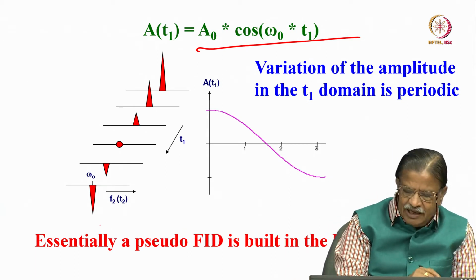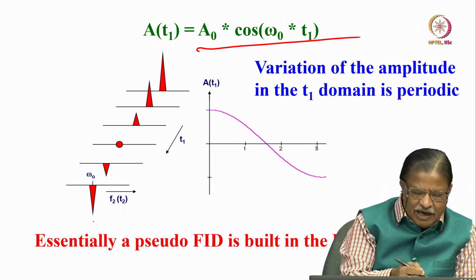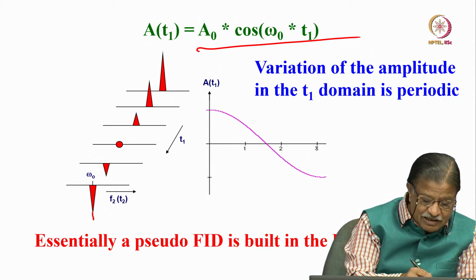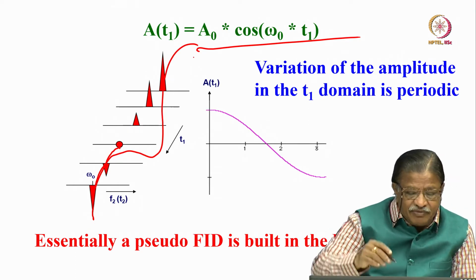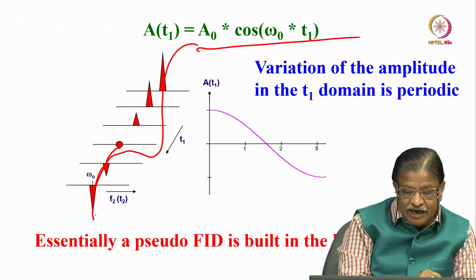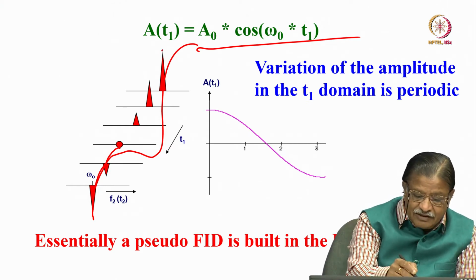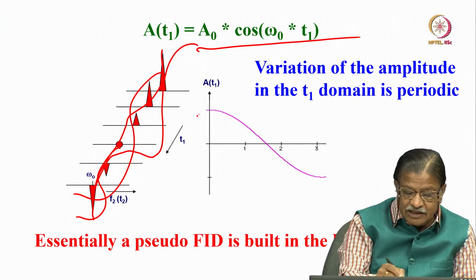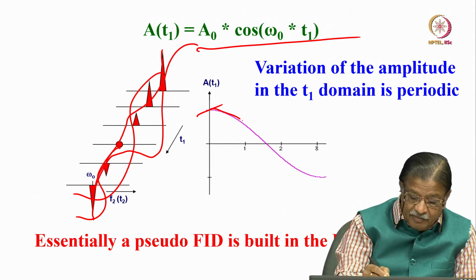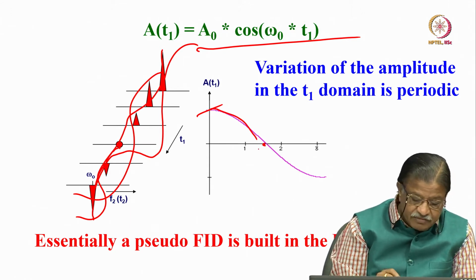Now initially, let us say, magnetization is like this, starts going like this, through 0 and then starts going like this. It forms an oscillatory thing. Initially the intensity is at maximum, let us say, keeps on coming down, goes to 0 and then goes negative.